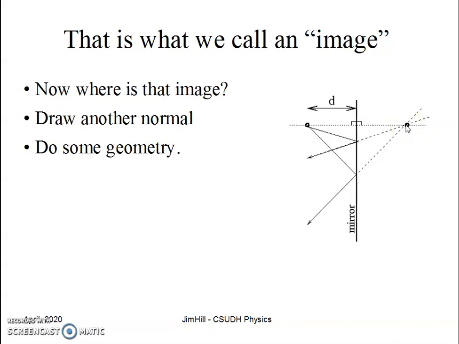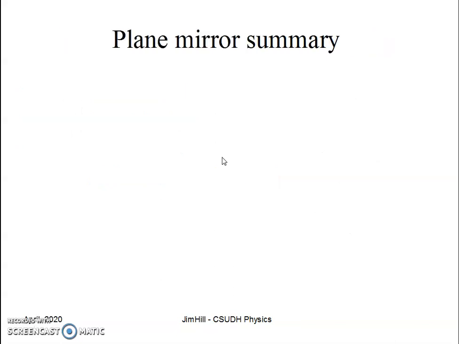And you can do some geometry with triangles like the ones here and some other pieces, and you'll find that you can prove some things about where that image is. And many of these are things you know, but you never proved them with physics and geometry.